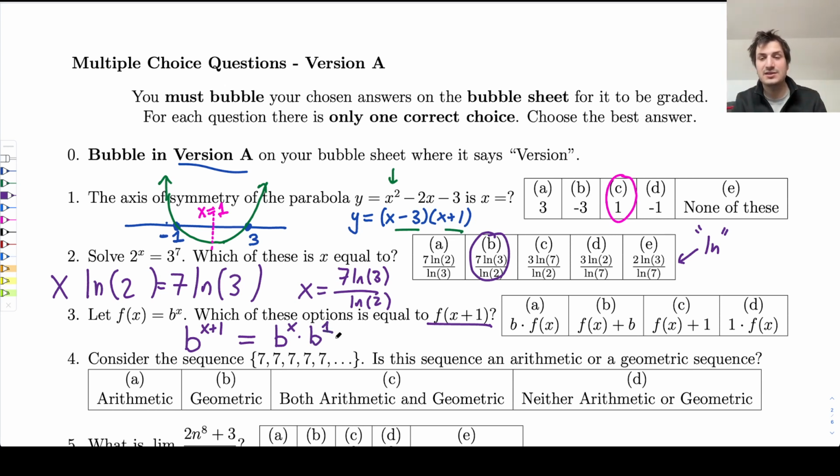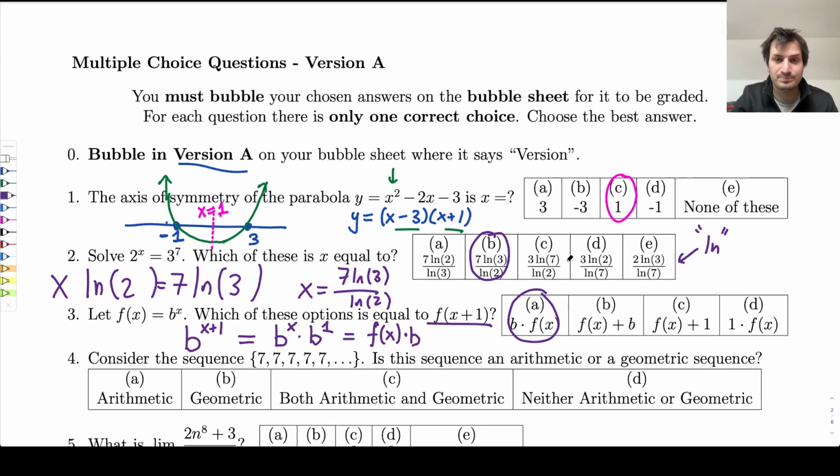So adding in the exponent is multiplying on the outside. B to the x is the original function f of x, so this is f of x times b. So the correct answer is A, b times f of x. This one was taken directly from a Math1030 homework.